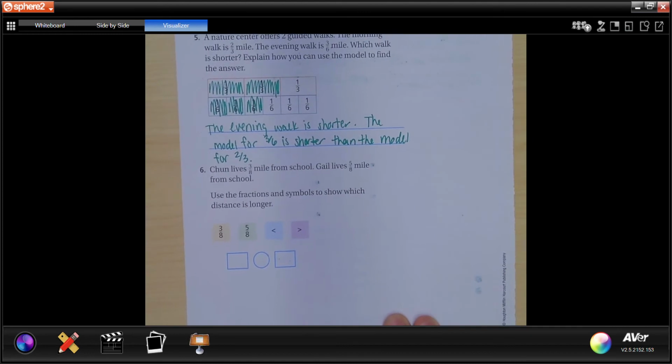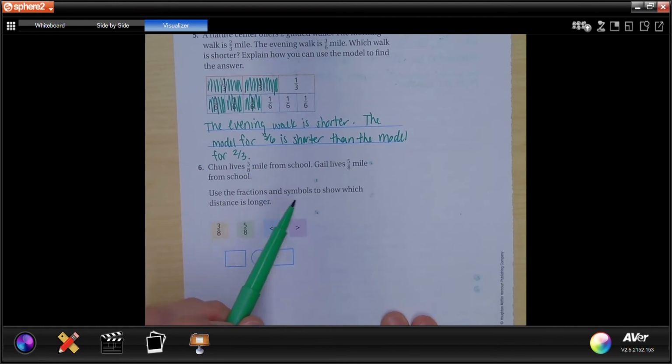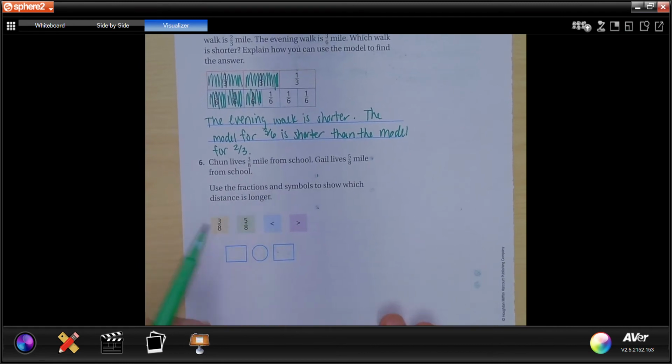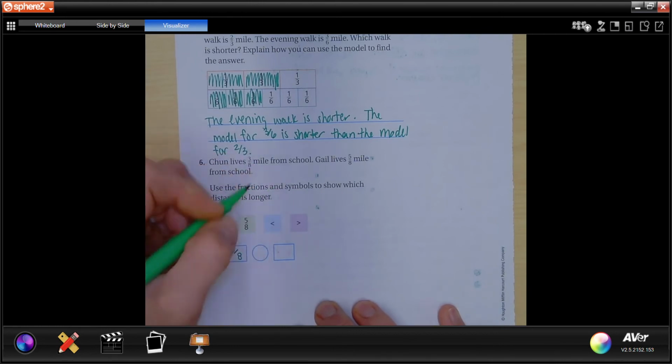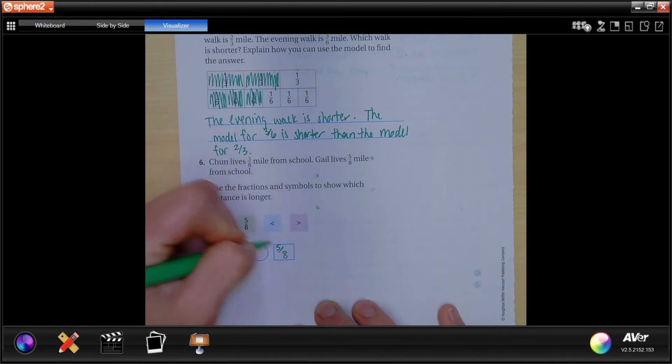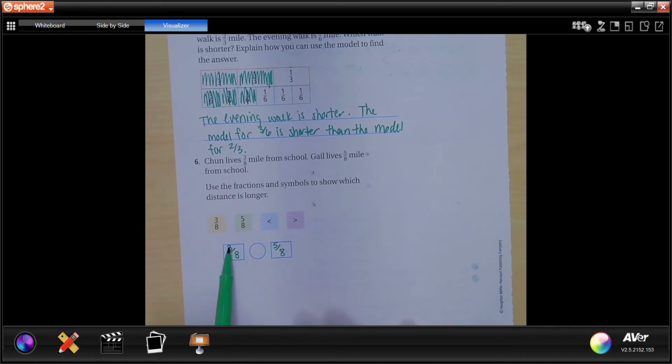Number 6. Chun lives 3/8 of a mile from school. Gail lives 5/8 of a mile from school. Use the fractions and symbols to show which distance is longer. Well, let's write 3/8 here and 5/8 here. They have the same denominator, so now we can look at the numerator, which is the shaded part.